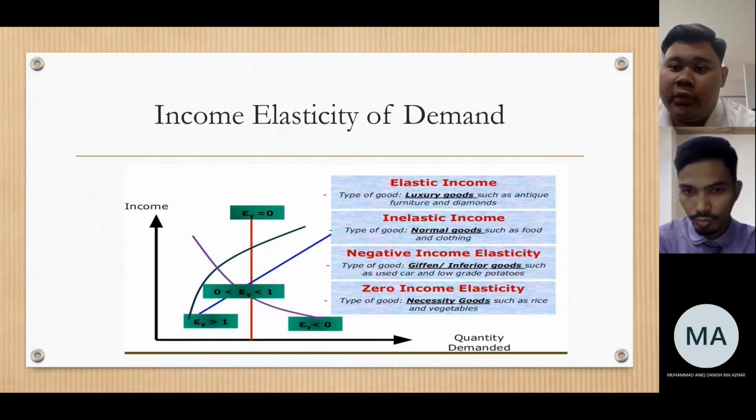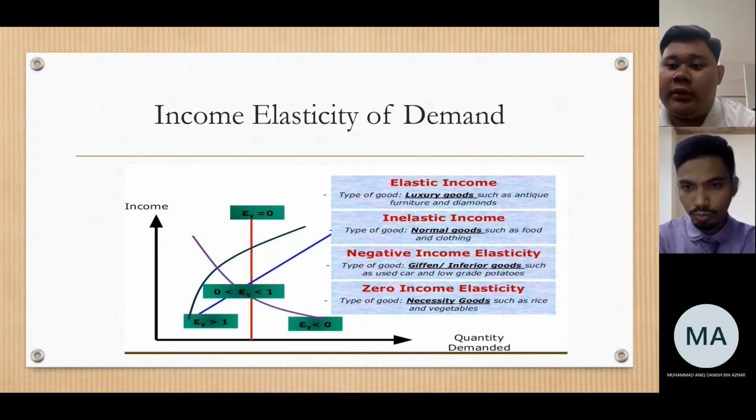The type of good for elastic income is luxury goods, for example antique furniture and diamonds. Inelastic income: the type of goods are normal goods, for example food and clothing.